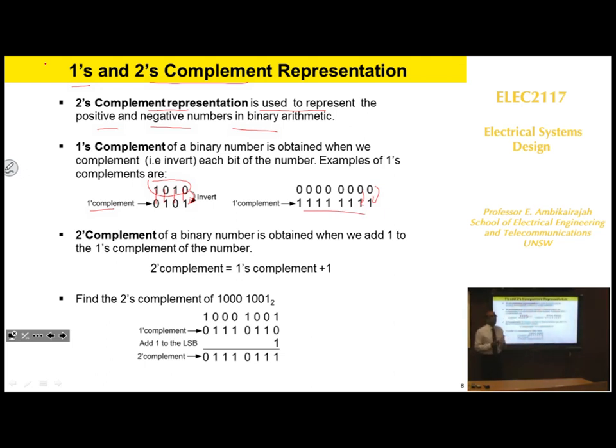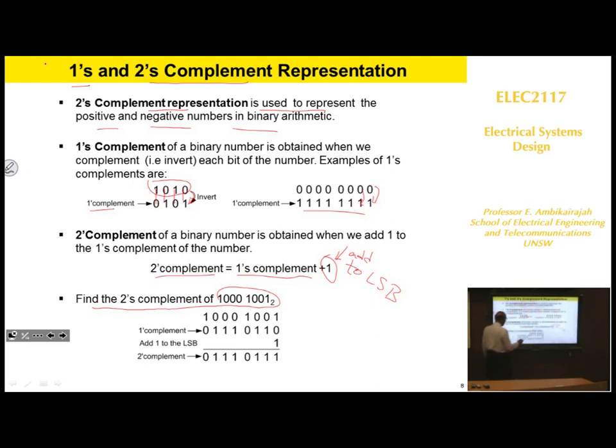Once you have got your 1's complement, if you add 1 to the least significant bit, you get the 2's complement. So find the 2's complement of this binary number. That's what the question is.